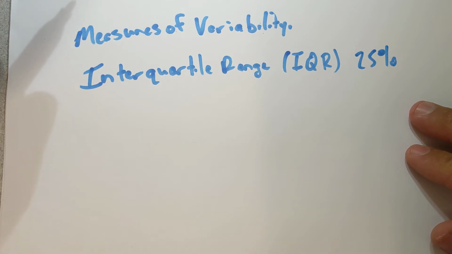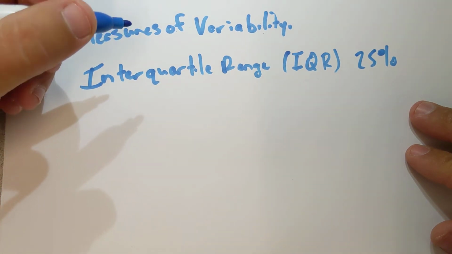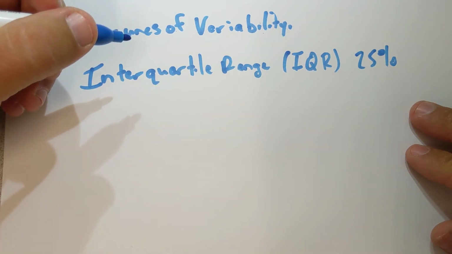First, to find the IQR, we should first order the data from least to greatest. Now, the data that we are going to use today are the quiz scores from last week.